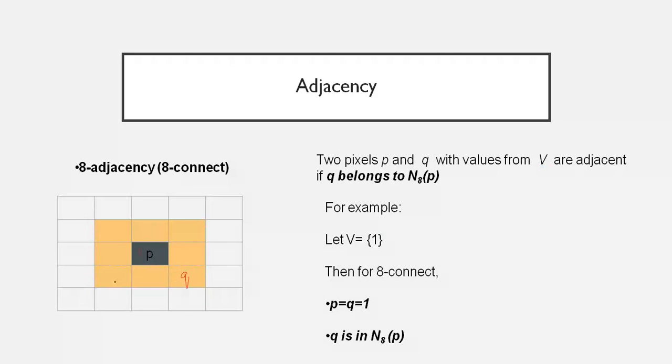So if P is equal to 1 and if Q is also equal to 1 and Q is one of the 8 neighbors of P, then they are called 8 adjacent or 8 connect.